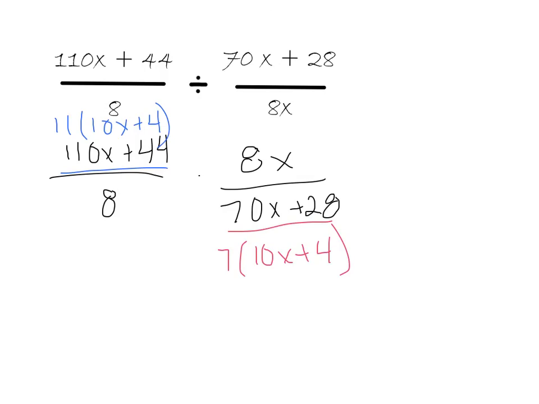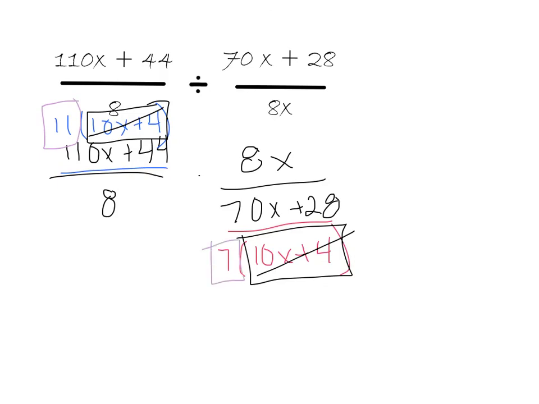This opens up a lot for cancellation. Because now I have this 10x plus 4 and this 10x plus 4. One's on top, one's on bottom. Get rid of them. Alright. Then all I have left is this 11 and this 7.